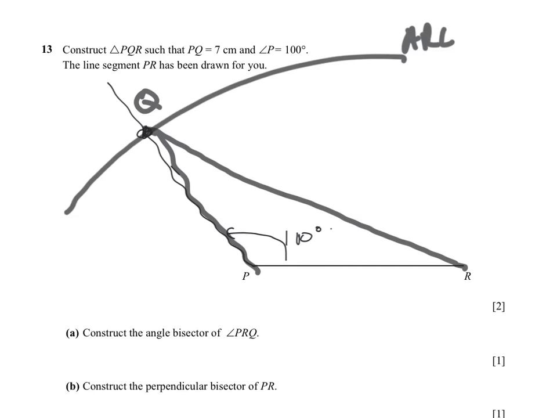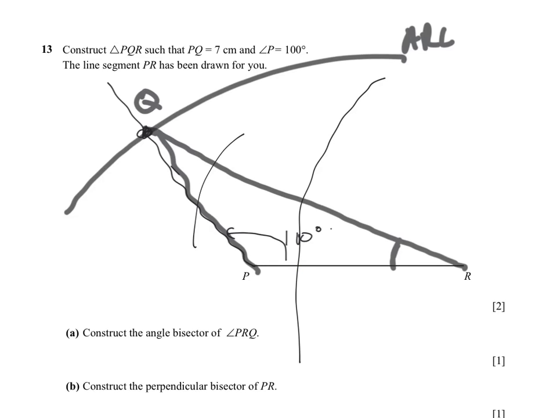To draw the angle bisector of PRQ, you will need to do this again by placing your compass needle here, stretching out more than half the length of PR, and drawing the arc. Then you lift up your compass, place it over here, and draw an arc.